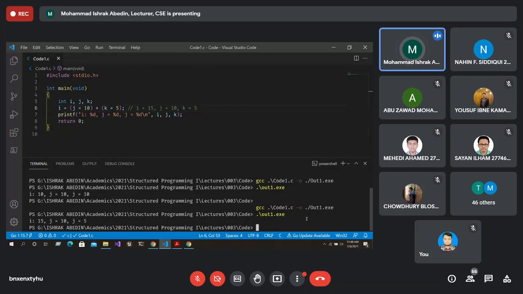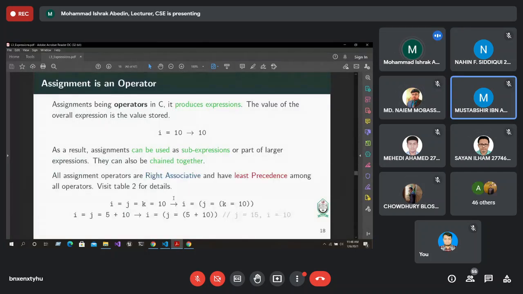Yes, it is correct. Did all of you understand how this was assigned and evaluated? Yes, sir. See, they can be chained together and they can be part of sub-expressions as well. So remember, assignment operators are right associative, instead of being grouped from left to right.